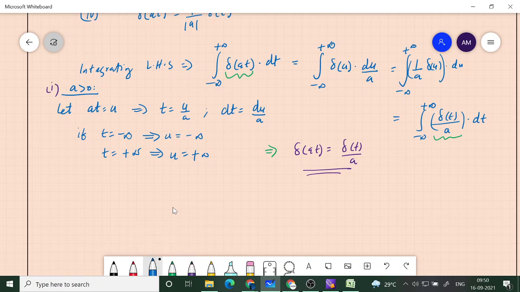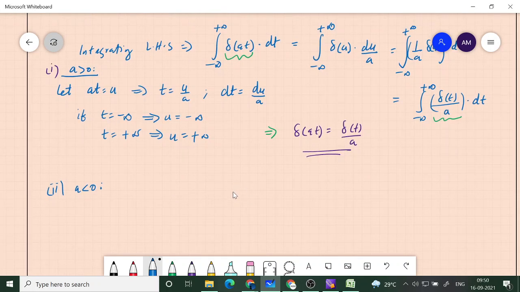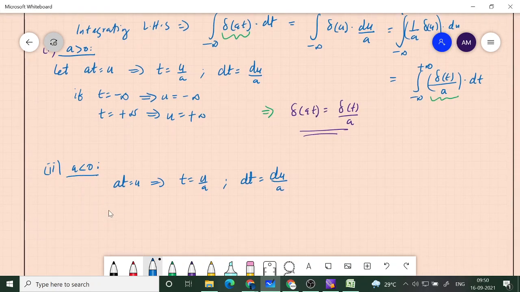Now part 2 of the proof, a is less than 0. Now we have slightly different cases. at again we will take as u, which means that t is equal to u by a, and again dt will be du by a. All of that remains the same. The difference comes in the limit.